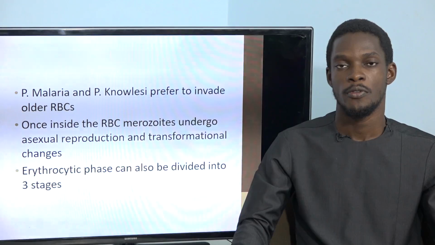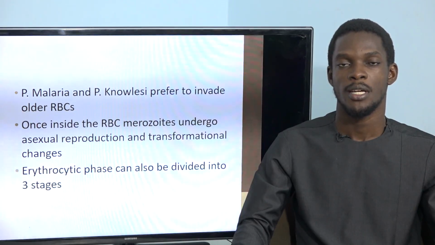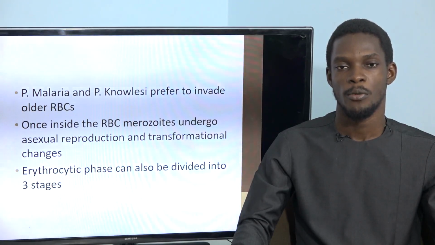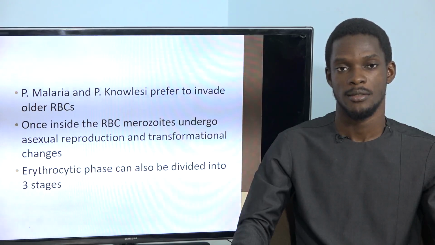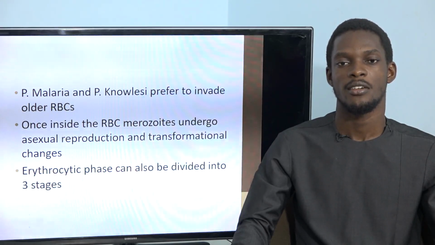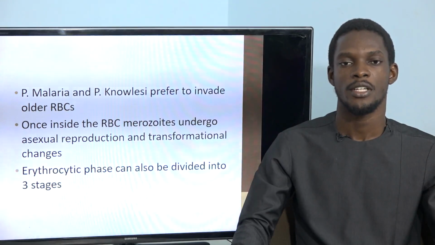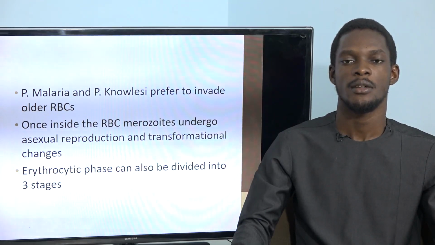If you did your anatomy very well, you know that red blood cells last about 4 months. Plasmodium malariae and Plasmodium knowlesi bind to red blood cells older than 3 months. Once inside the red blood cells, merozoites undergo asexual reproduction and transformation changes. The erythrocytic phase can be divided into 2.